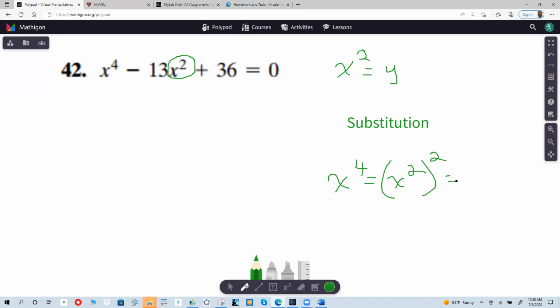Now, if x squared is y, can I say this is y squared? Would that be acceptable? Yes. So that's what I did. Instead of writing x to the power 4, if x squared is y, x to the power 4 must be equal to y squared, and hence I have this. Does that make any sense? Good, very good.